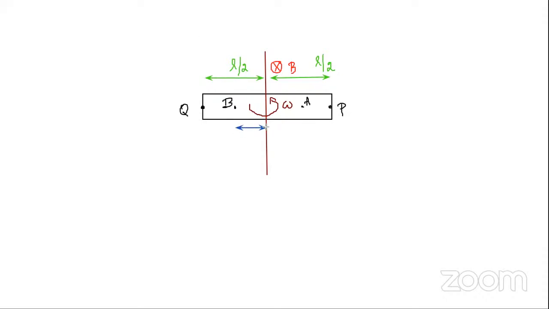From here to here, that is L by 2. This is L by 2. This is also L by 2. This rod is now rotating with uniform velocity in a uniform magnetic field.